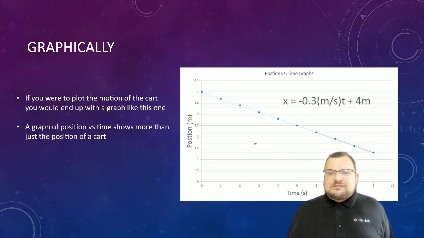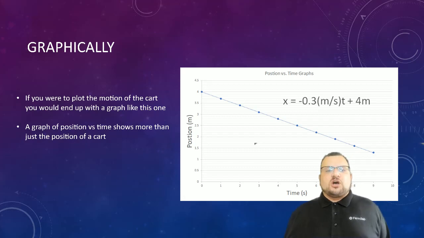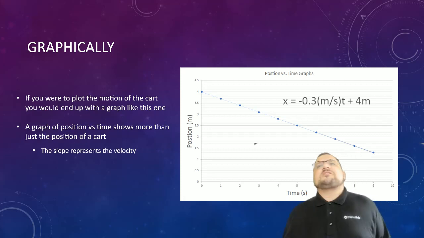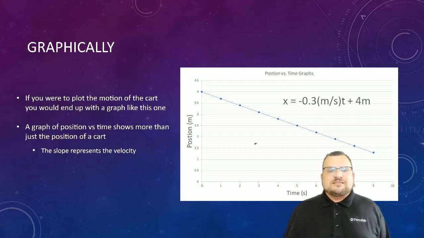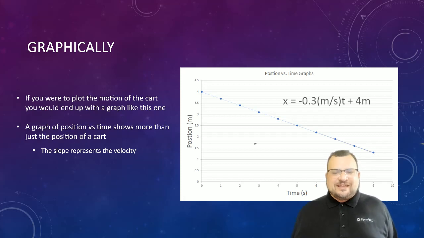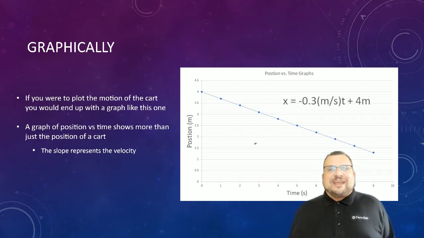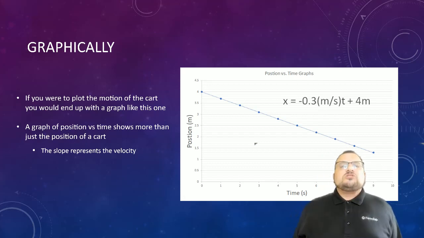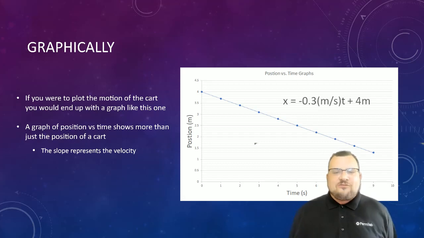And this does a lot more than just show where the car is at a given time. We can take a look at the slope, and remember that the slope of a graph represents the change in that line. And the velocity is the change in position. So the slope of this graph represents the velocity of the cart.